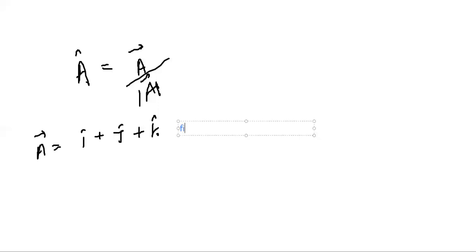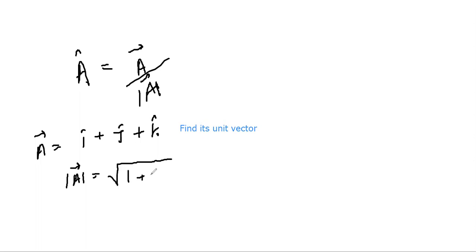For finding the unit vector, you first have to find the magnitude of a vector. So 1 square is 1, plus again 1 square is 1, and again 1 square is 1. So you get root 3.